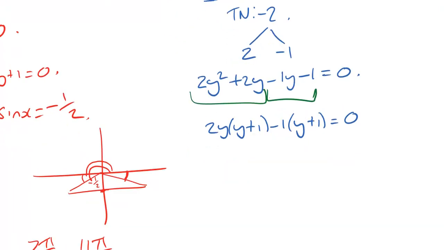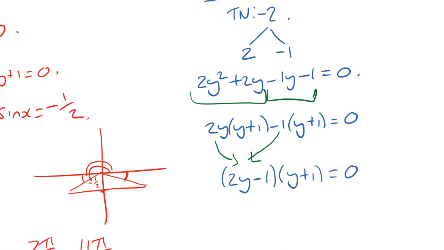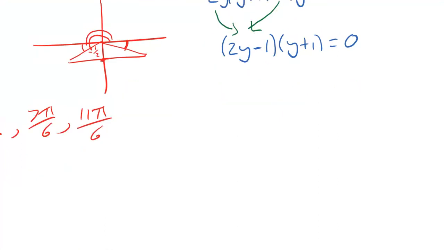And so, if you remember, if we have a 2y multiplying a y plus 1 and a -1 multiplying a y plus 1, then overall what we have is a 2y minus 1. Those two pieces, look, are fitting into this bracket, and they're, of course, multiplying a y plus 1. Okay, so we've managed to factorize it, and from here we can get our solutions, because two numbers multiplying together to make 0 means that each one of them certainly has to be a 0 as a possibility of an answer.